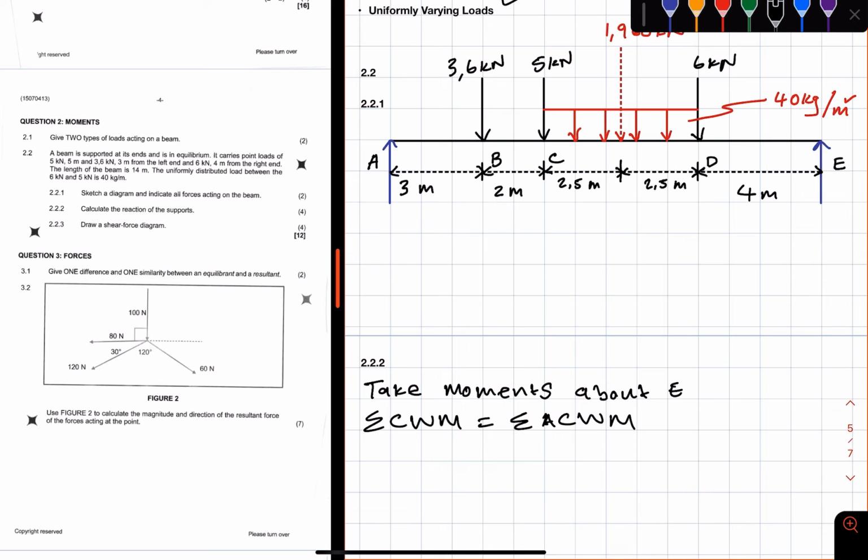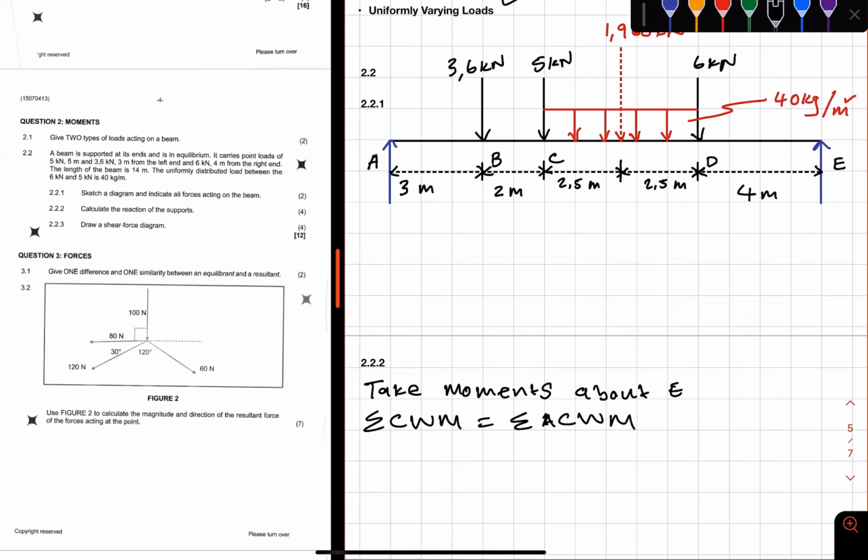So what turning effect does support A have when taking moments about E? Support A would have a clockwise turning effect, right? So support A is going to be part of clockwise moments.